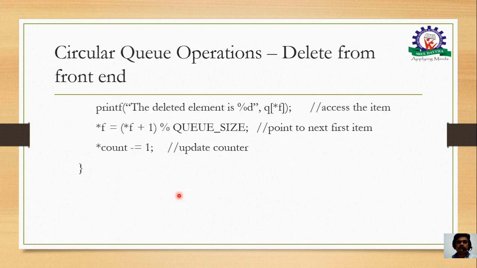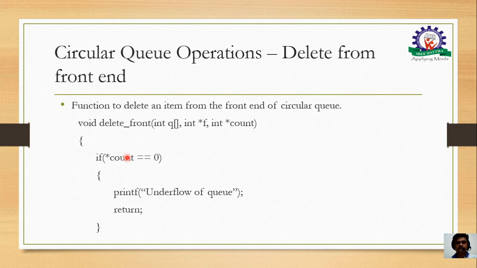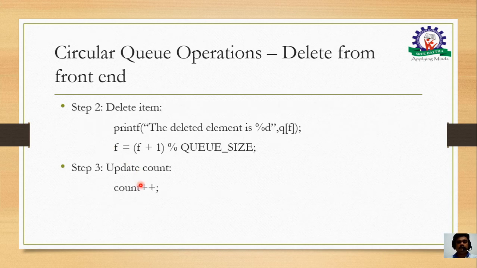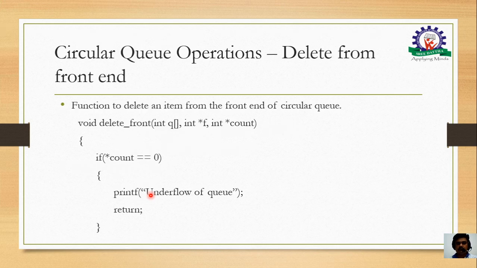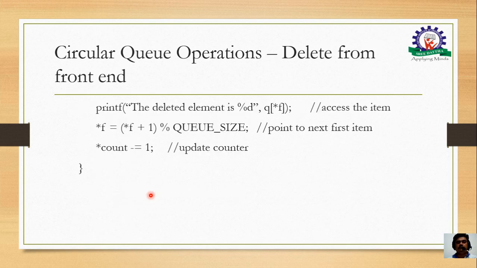If this condition fails, first I will mark the element that is going to be deleted, and then I will increment the F value using the second way of incrementation, that is using the modulus operation. Once it is done, I will update the count, that is count is equal to count minus 1. In the previous slide I denoted it incorrectly, that is what confused me, but in the function I updated it as count is equal to count minus 1.